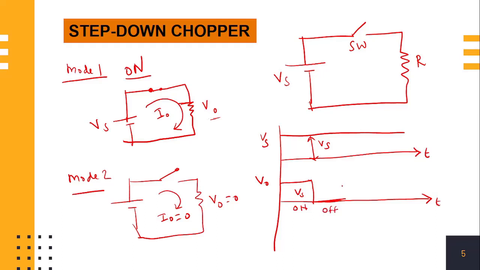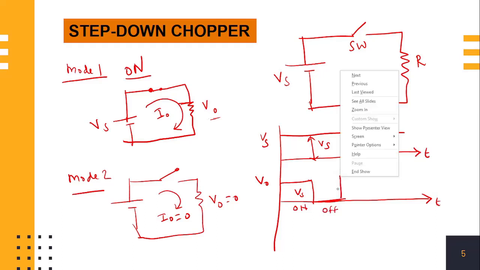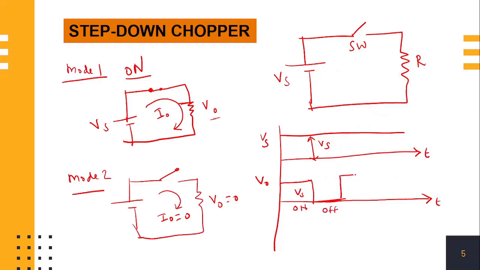Again, the switch is on. Coming back, the device is on, mode 1 repeats, and the output voltage is Vs; during the off period the output voltage is 0. So modes 1 and 2 get repeated.